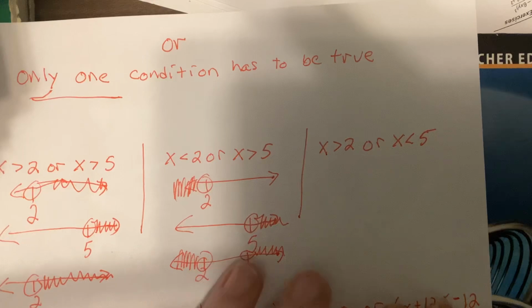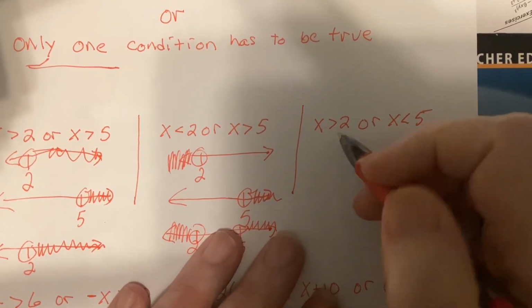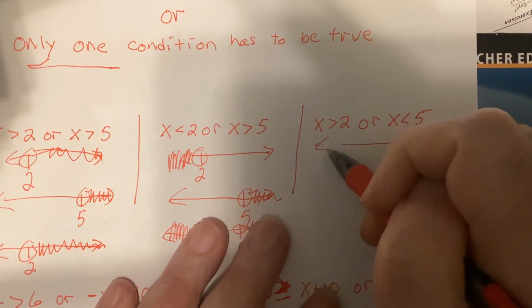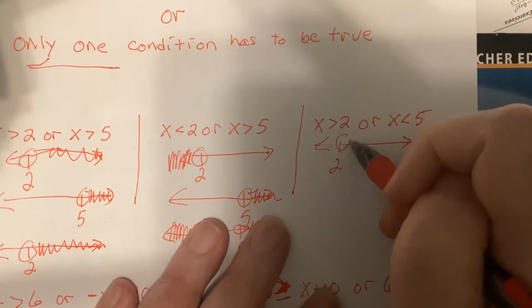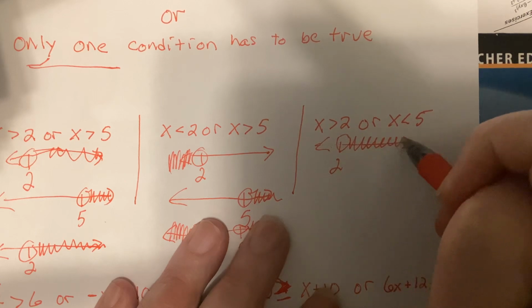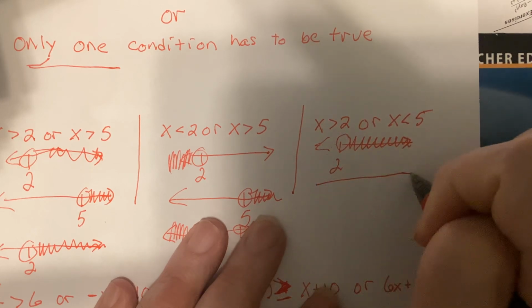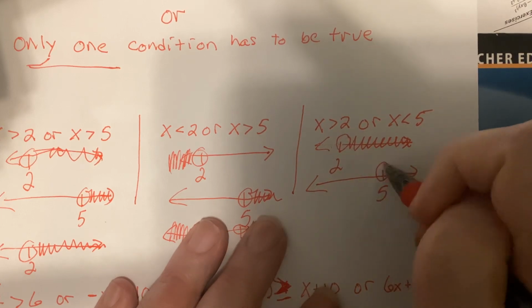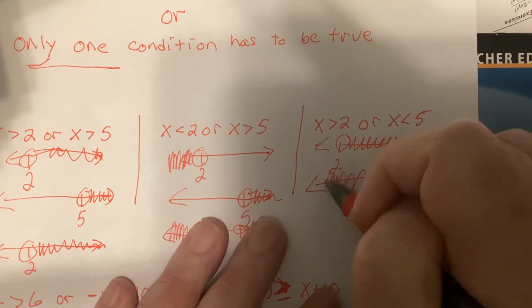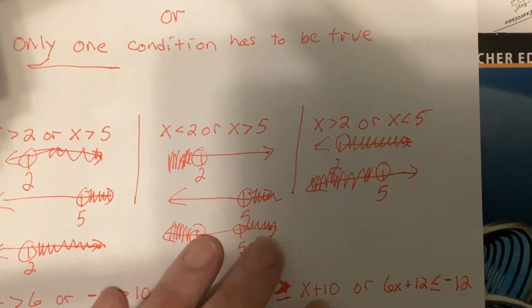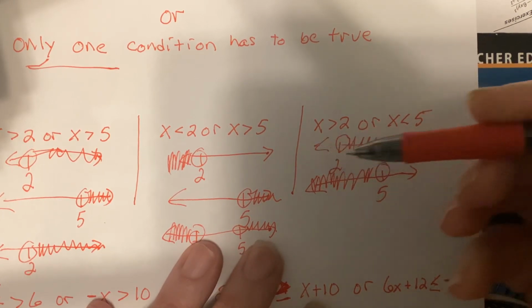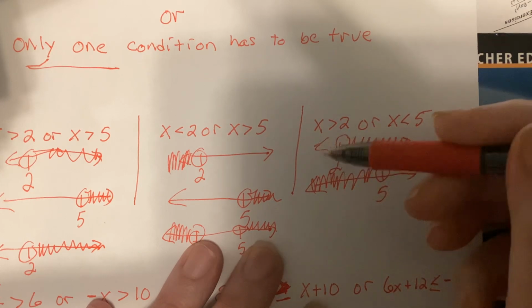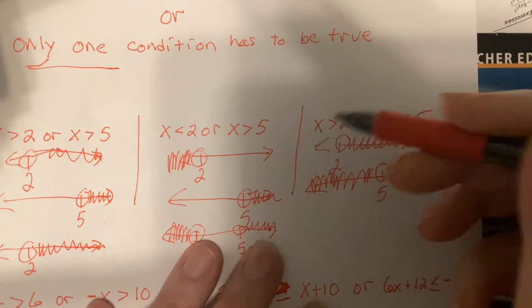Then the third one is, here's greater than 2. Here's less than 5. So if you put the two graphs together, everything would be shaded because you have everything over here shaded, everything over here shaded.